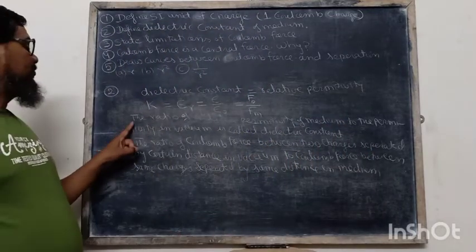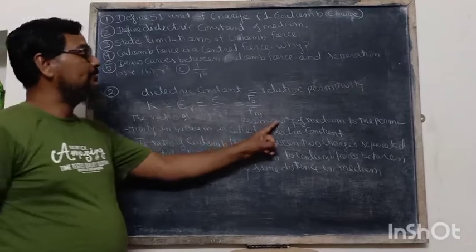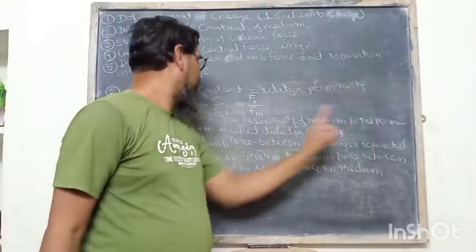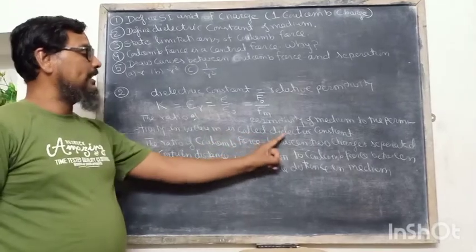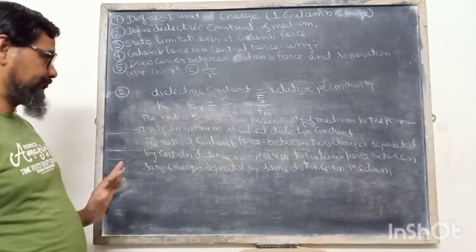Again, I am repeating: the ratio of permittivity of medium to the permittivity in vacuum is called dielectric constant.